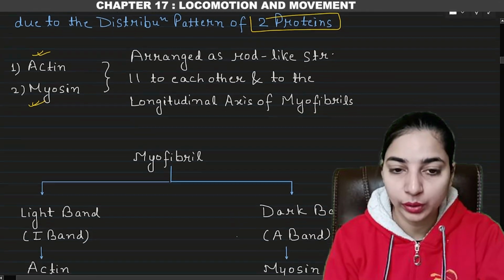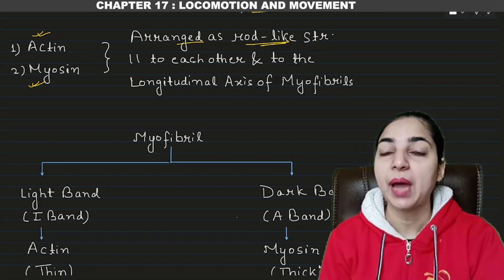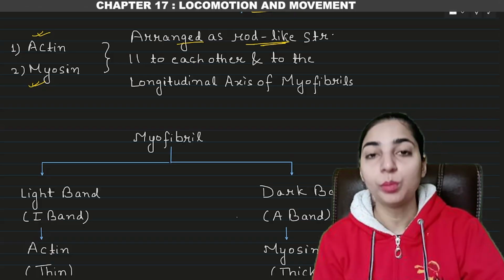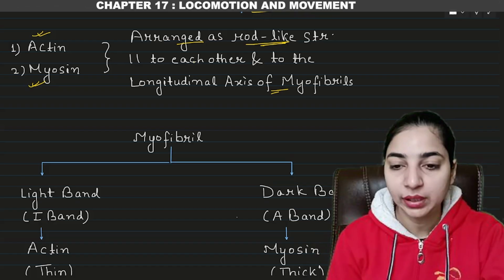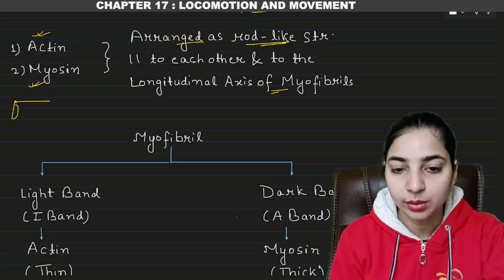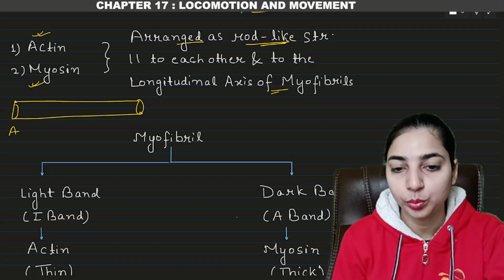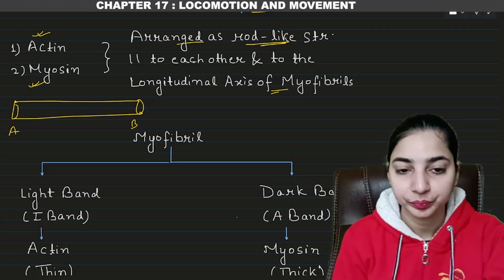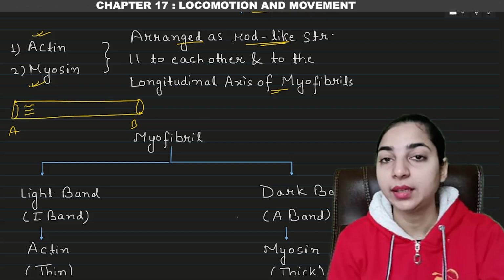These two proteins are arranged as rod-like structures parallel to each other and also parallel to the longitudinal axis of the myofibril. For example, suppose this is the myofibril, and this is the longitudinal axis from point A to point B. In yellow color, I am showing the actin protein.